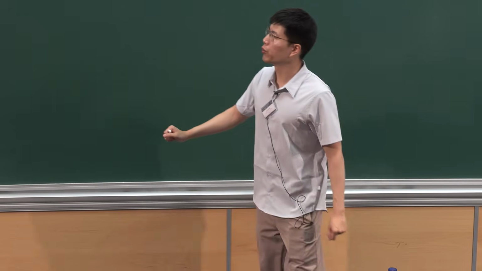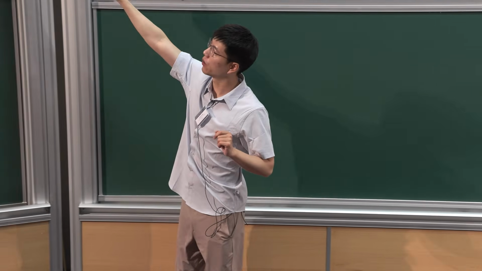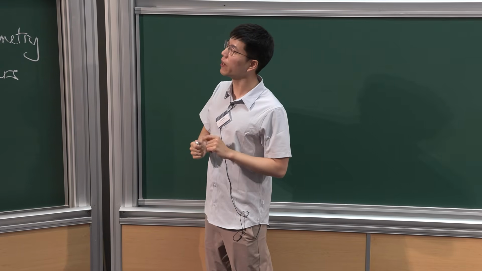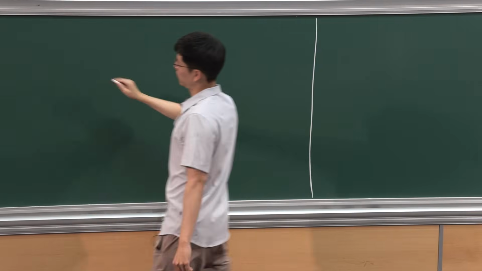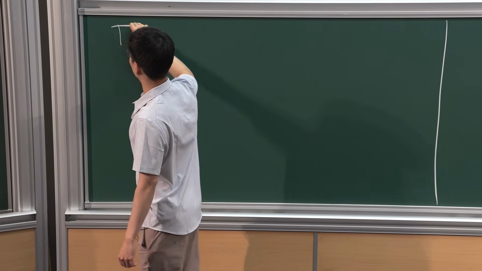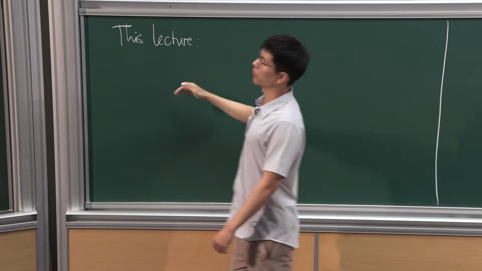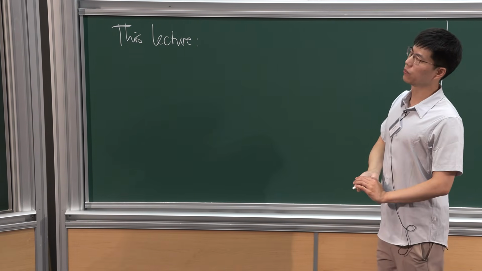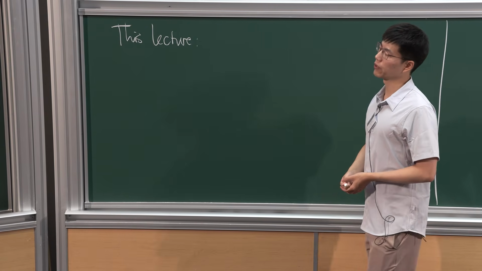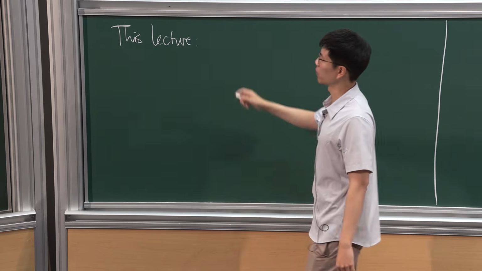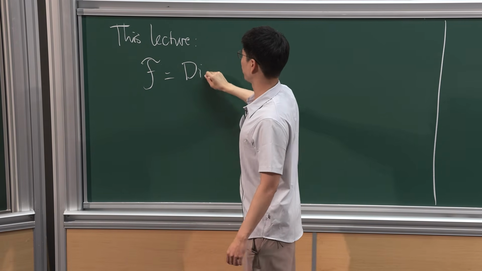So let me tell you the specific choices of F, O, and C in my lecture. In this lecture, we're going to focus on one of the simplest settings that you can think of if you're looking at surfaces from a differential geometric point of view. F is going to be the Dirichlet energy.